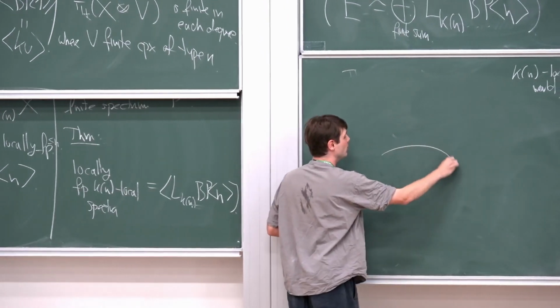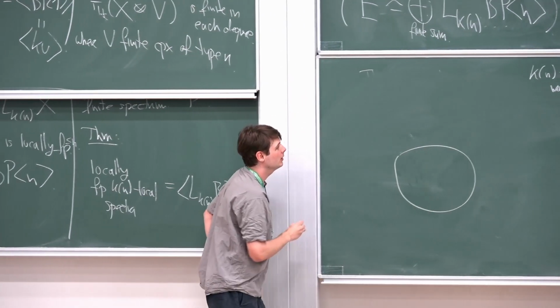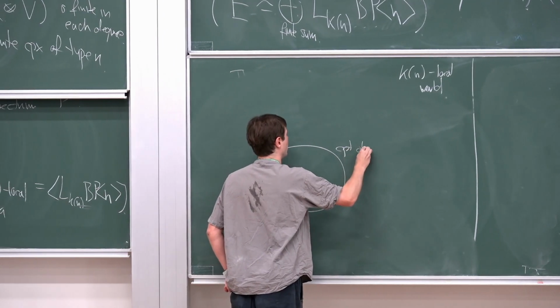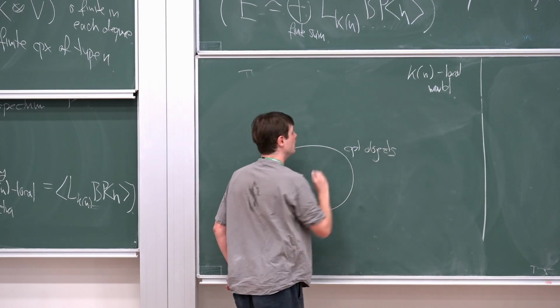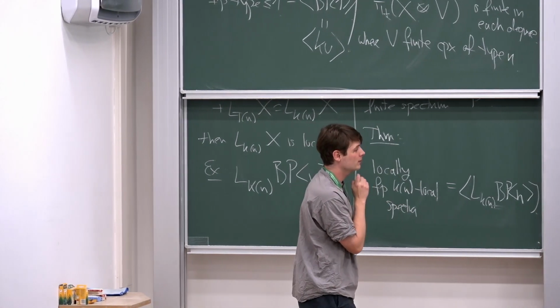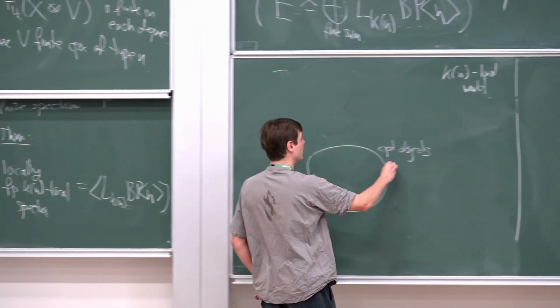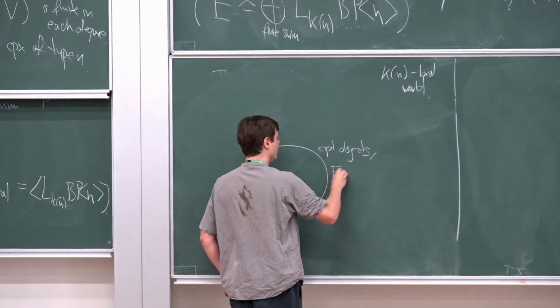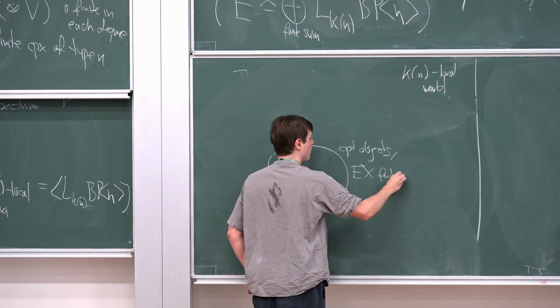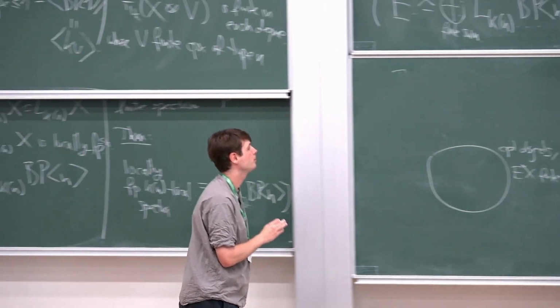The smallest natural class of K-local spectra to consider is the compact objects. These are all retracts of a K-localization of a finite complex of type n, and they can be characterized by the property that their E-cohomology is finite in each degree.